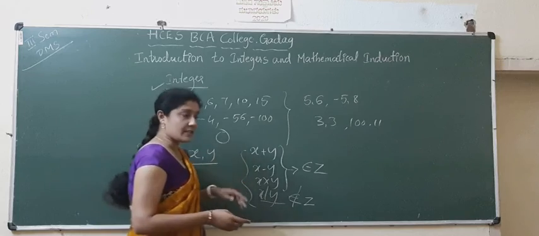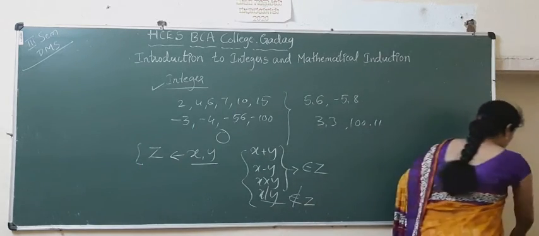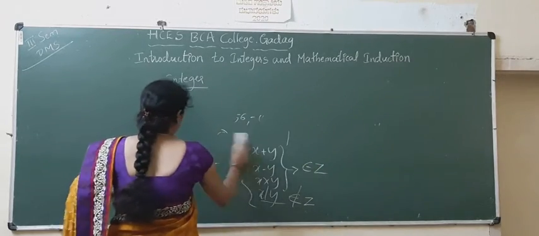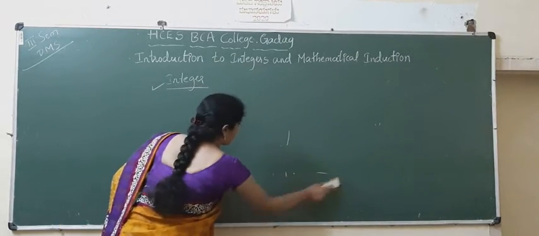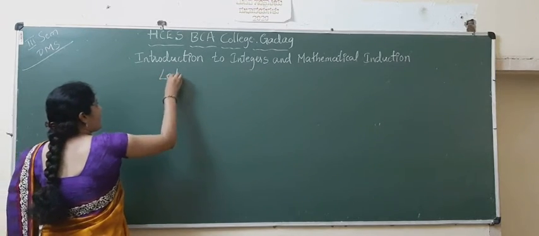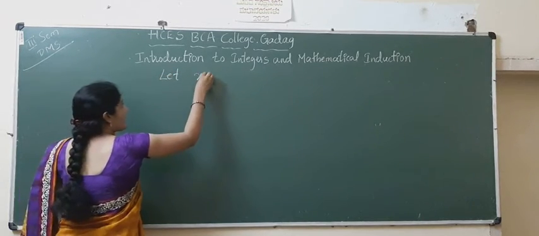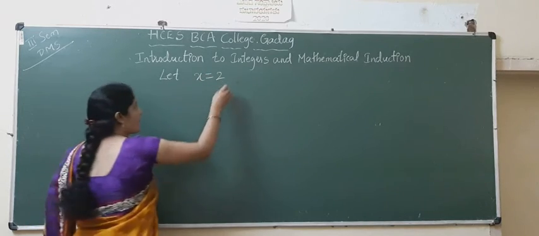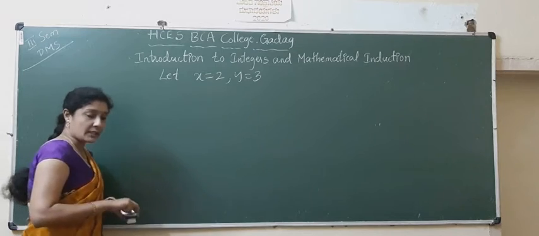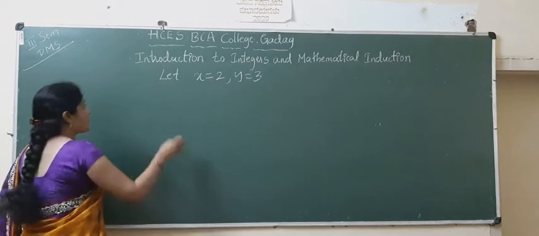Now, let us consider an example. Let x equal to 2 and y equal to 3. Now perform all the arithmetic operations on these two.